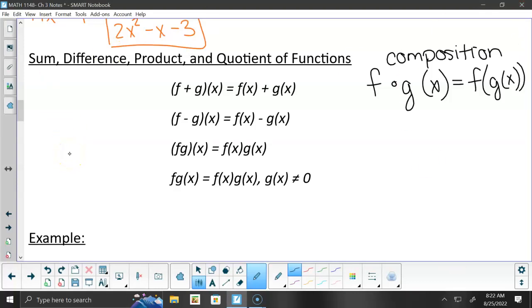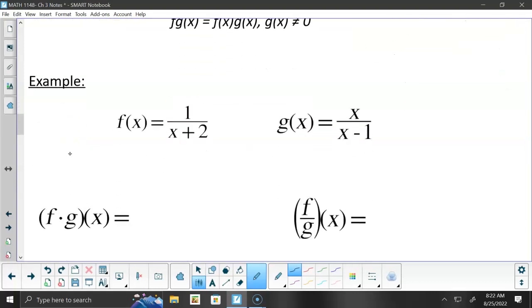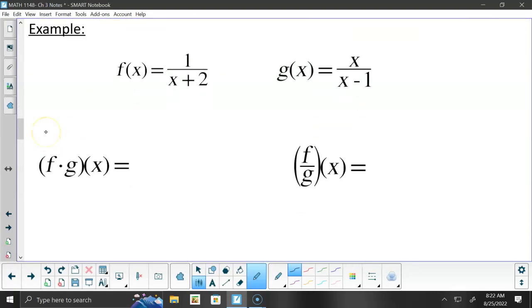All right, ready to scroll? Okay. So here are our examples.